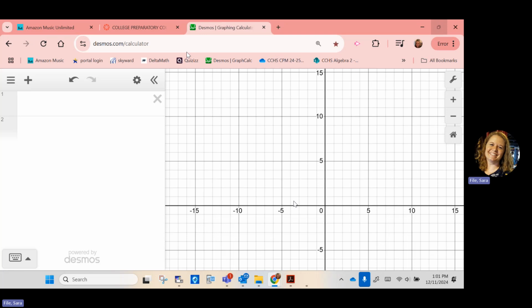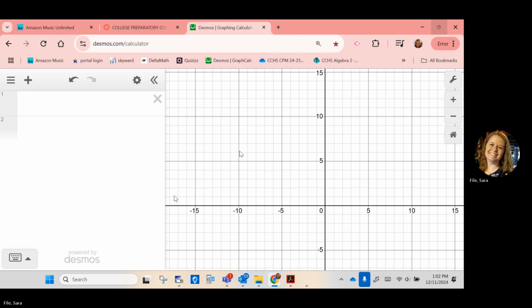On that test, you do not get the Desmos graphing calculator. But on our unit test, starting now, I'm going to allow you to use Desmos. You still have to understand and be able to do it by hand for the TSIA, but if you need to use Desmos or check your answer with Desmos on our unit test, you may do that.